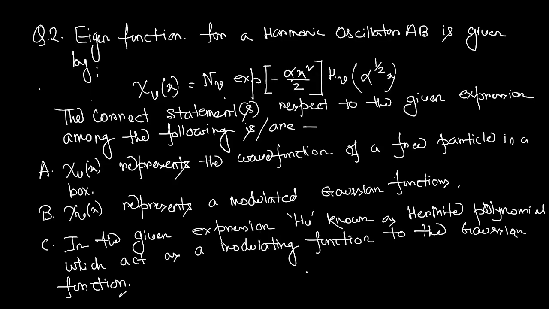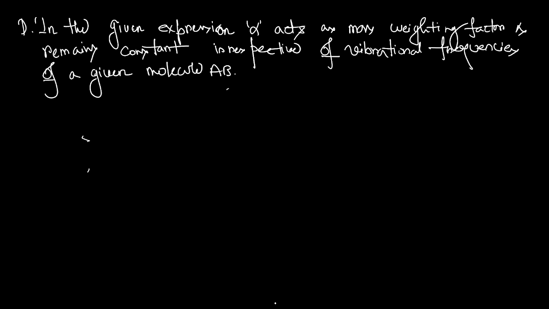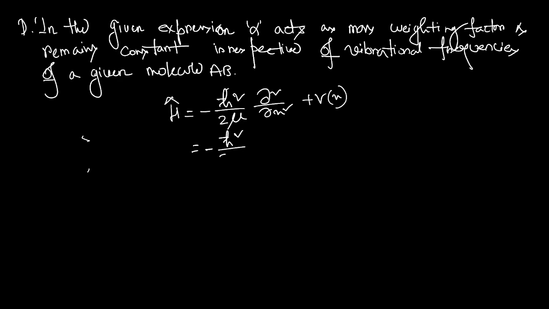If we look at the picture of a harmonic oscillator, the Hamiltonian is the kinetic term plus V of x, where V of x is half k x square.